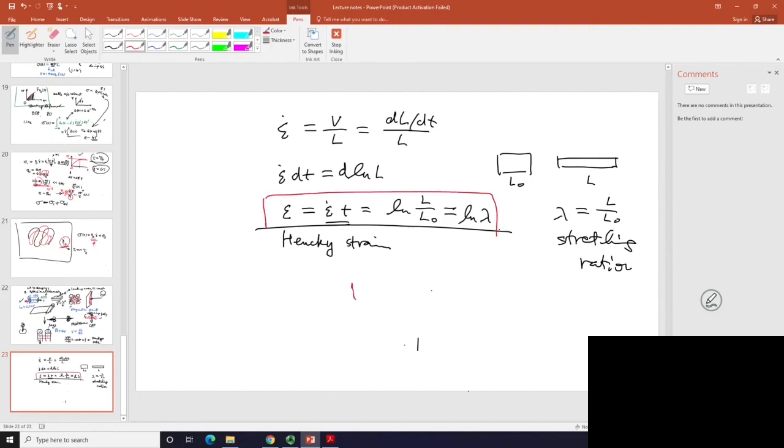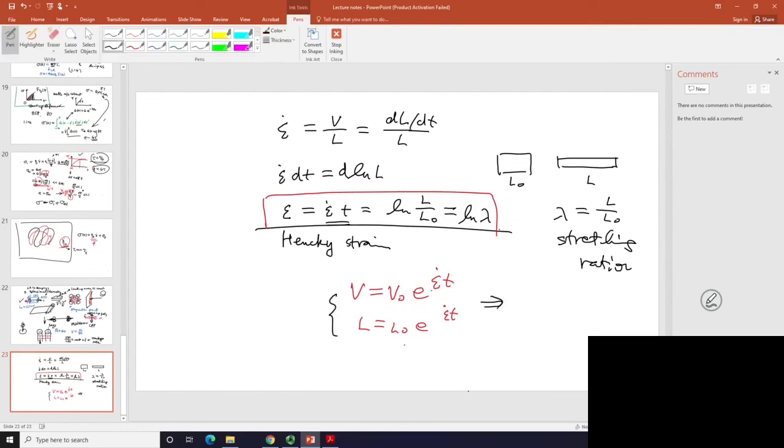Moreover, the rest is all simple. You can find, for example, velocity will change exponentially fast. Length will also change exponentially fast in the limit where the stretching is maintaining a constant Hencky rate.